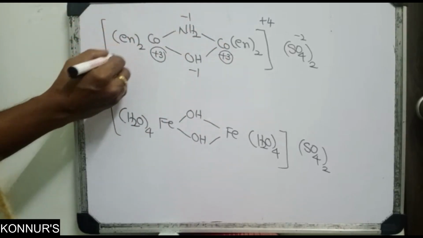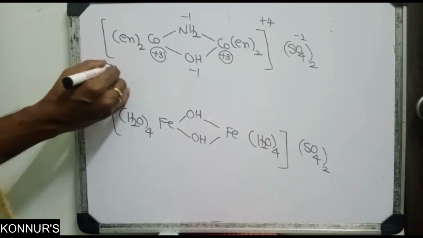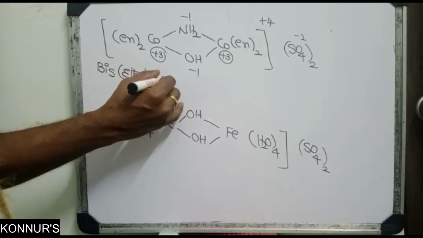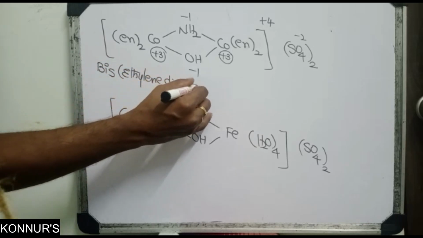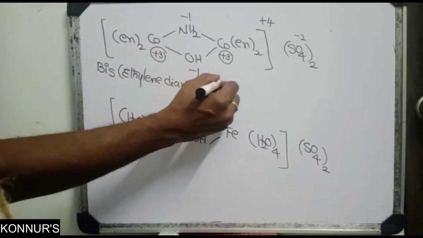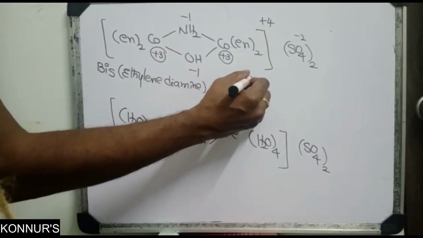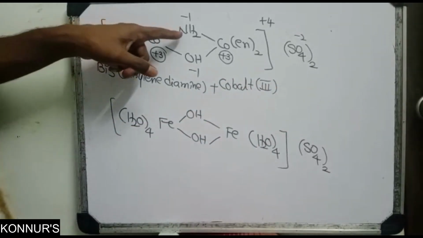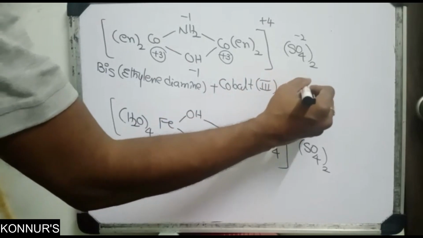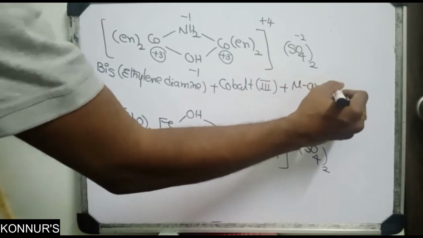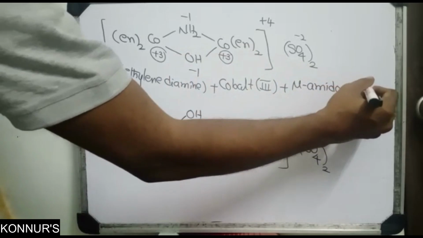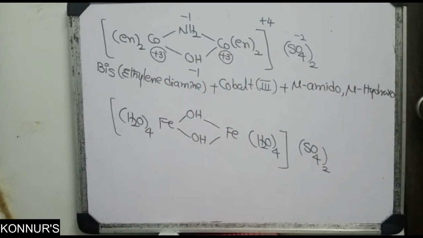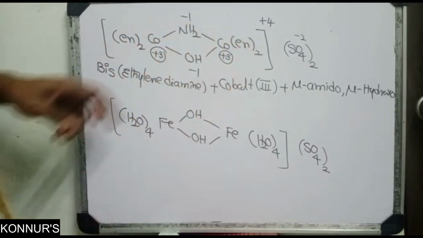So individually you write everywhere. So 2 members are there, so you write as bis ethylene diamine cobalt 3. So for the bridged ligand, you write as mu amido, comma mu hydroxo. So mu amido, mu hydroxo.